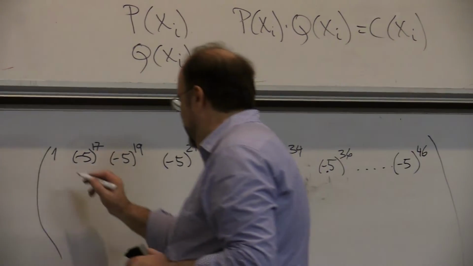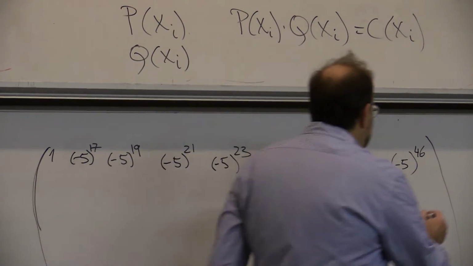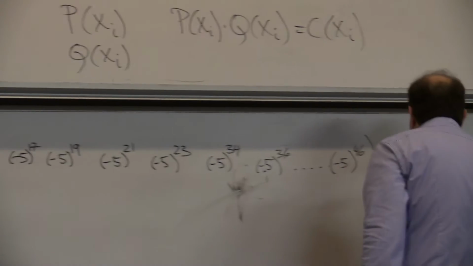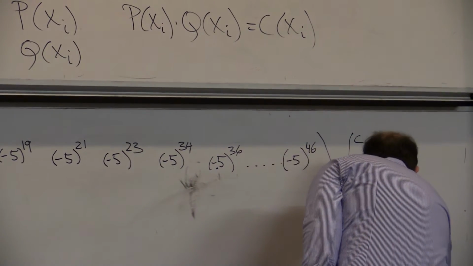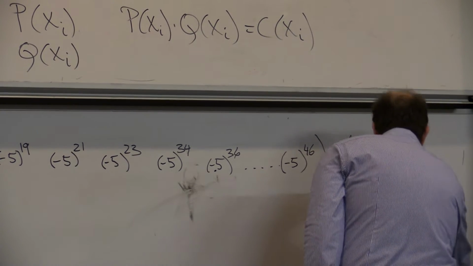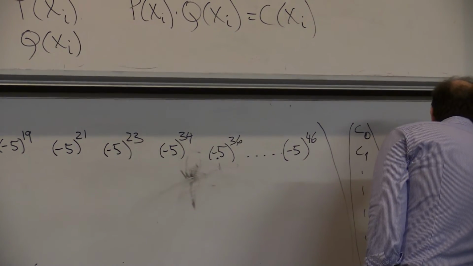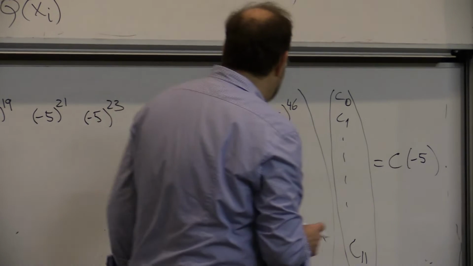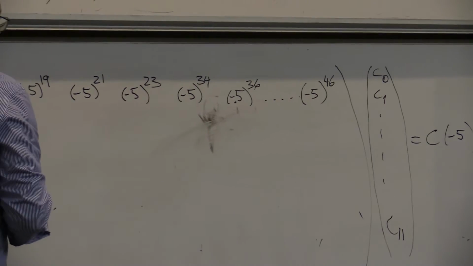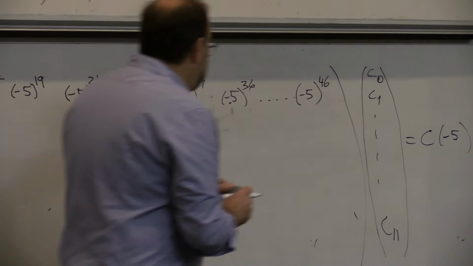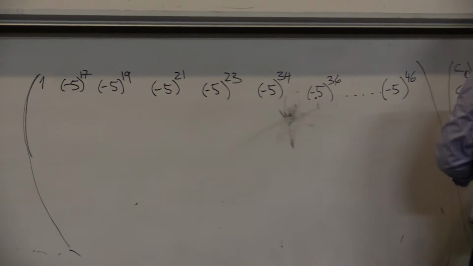Right? So if I multiply this by C0, C1 up to C11, what do I get? I get C for the value minus 5, right? Let me write it as a vector.